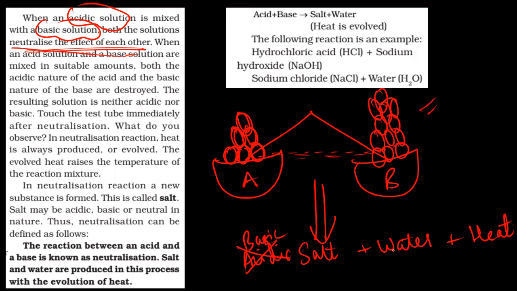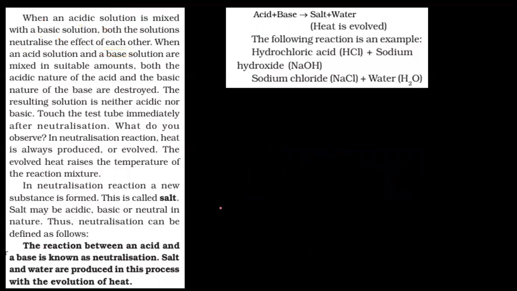If I get a strong acid and weak base to react, I get an acidic salt. If I get a strong base and weak acid, then you may have guessed it is a basic salt, and water and heat are formed. So this is the basic concept of neutralization.